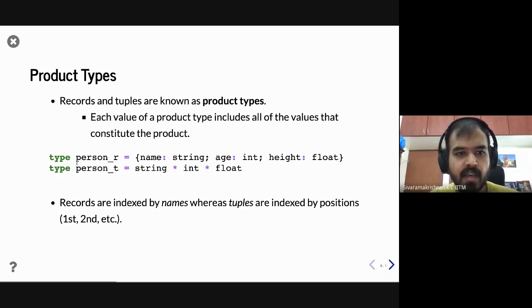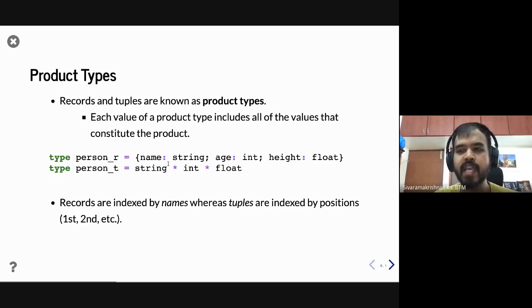So here is a definition of a person record, which has a name, an age, and a height, right? Name is a string, age is an integer, height is a floating point number. And you can also define it equivalently using tuples. I'm just defining a type alias here, right? type t = string * int * float, and I'm not naming each of these labels, right?